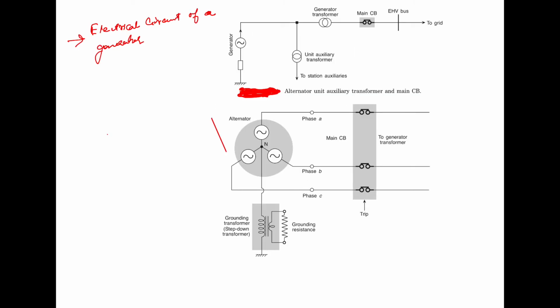Now, the electrical circuit of a generator is very simple in spite of the complexity involved. The figure here shows the various circuits of the generator. From this figure, it is seen that the generator is never solidly grounded.